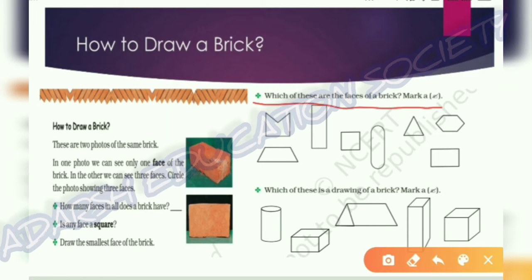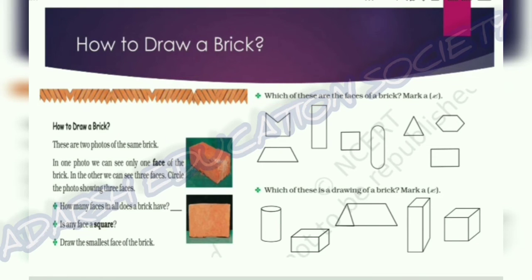Now next, which of these are the faces of a brick? Mark a right. Here they give us many shapes. We have to find out which shape shows the brick face. Now first you have to observe all the shapes. Okay children? Now think. Bricks have only rectangular faces.